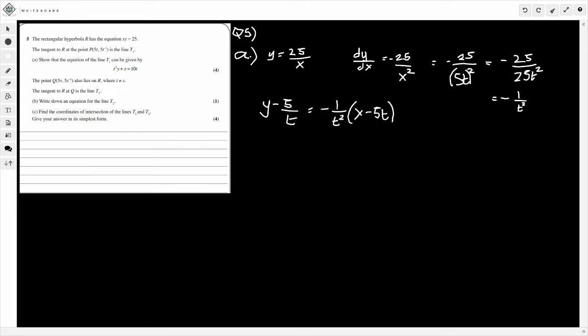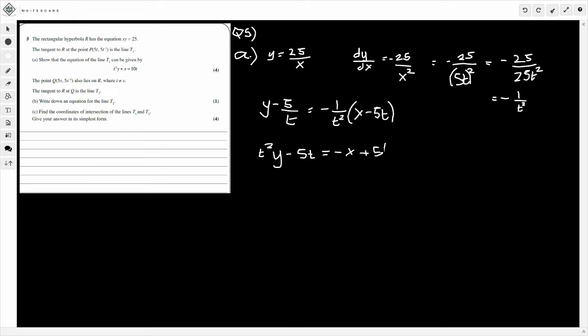From here now, the easiest way to simplify this is to times through by t squared. If we times this side by t squared, the denominator of t squared will just disappear. This side, I'm going to get t squared y minus 5t, if you times through by t squared, and this is going to be equal to minus x plus 5t.